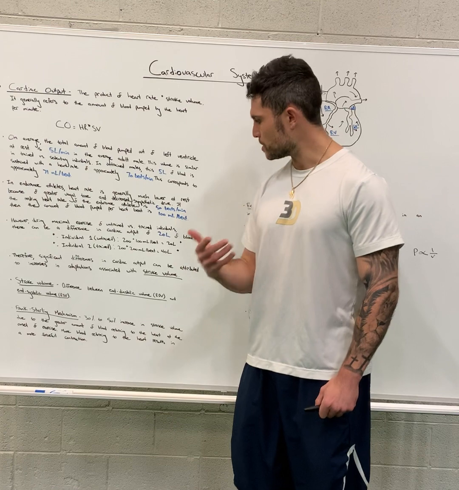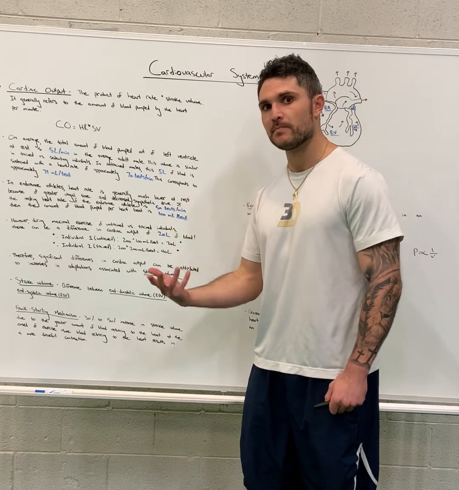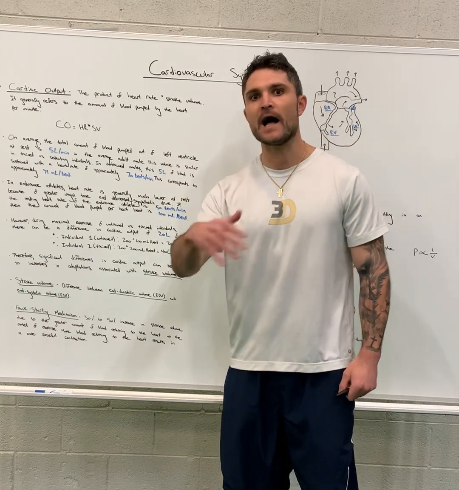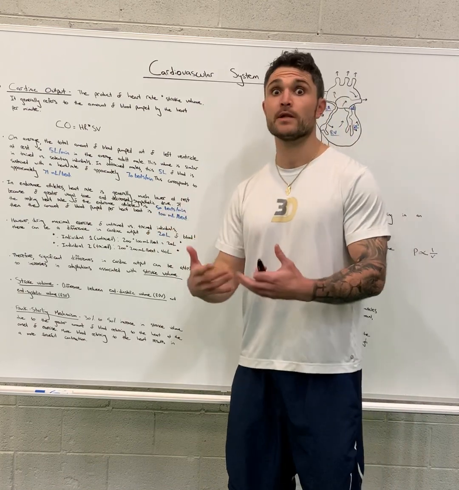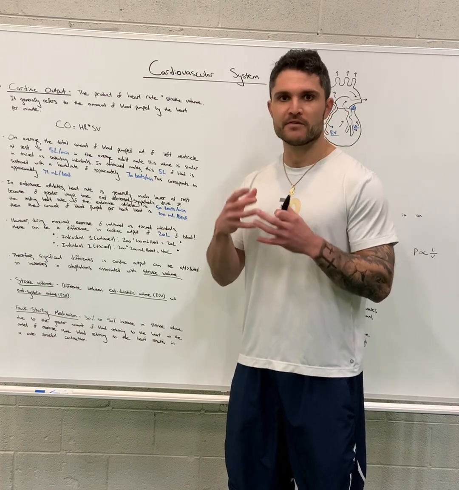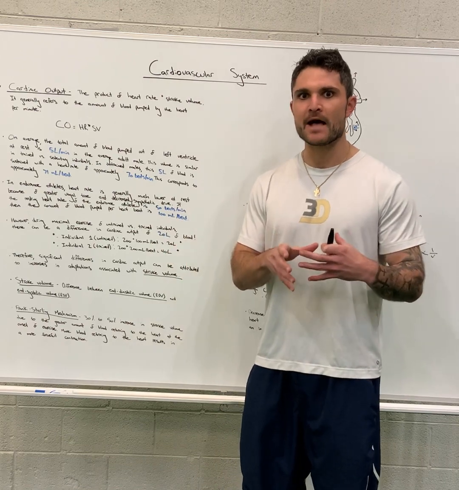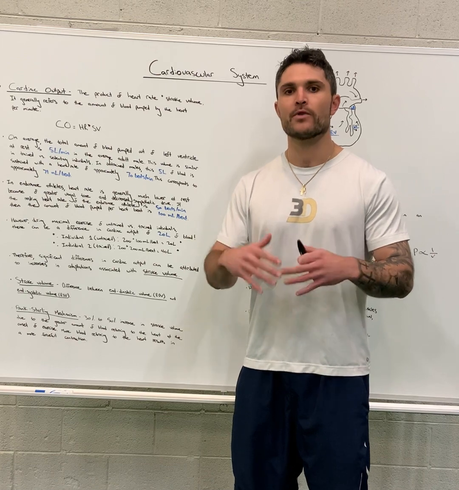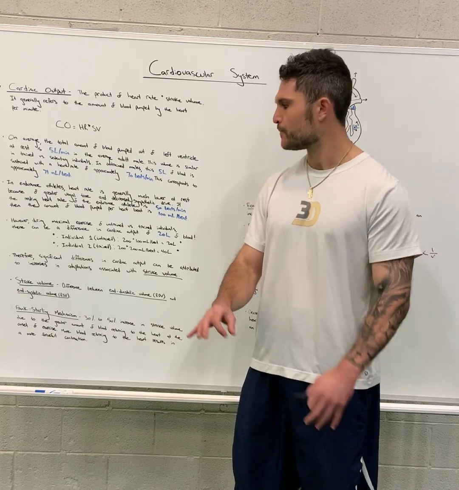Now, in a trained individual, if they exhibit an average resting heart rate of 50 beats per minute, to maintain a cardiac output of 5 liters of blood per minute, that would equate to 100 milliliters of blood per beat, right? So the efficiency in trained athletes compared to untrained athletes lies in their ability to pump more blood per beat, or they have a more efficient stroke volume, right?